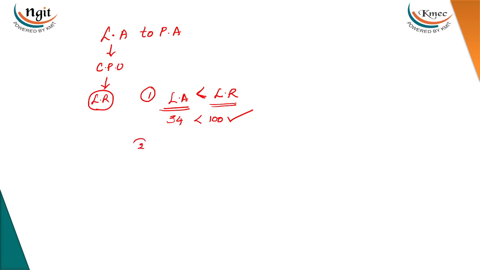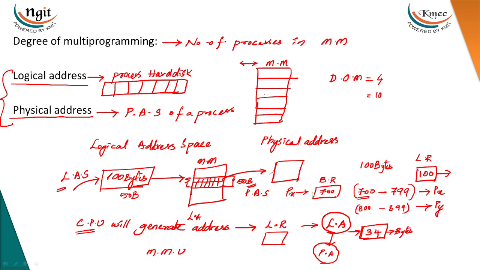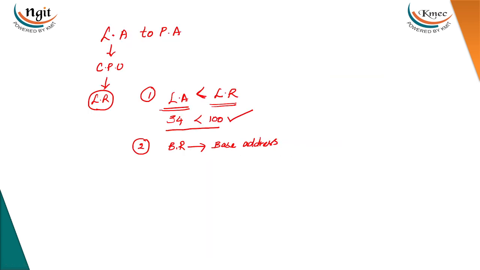Second, if this condition is satisfied, then the memory management unit looks for the base register value and fetches the base address. So what is the base address here? Assume that px is loaded at 700. The base address value is 700, and it adds this 700 to the logical address.